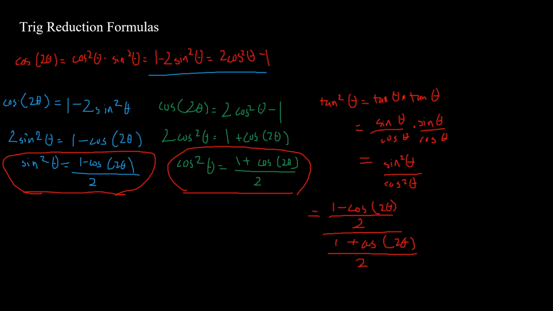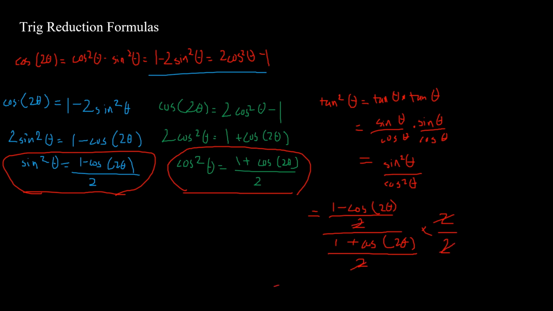And basically we can multiply this fraction by 2 over 2, which is the same as multiplying by 1. So the value doesn't change, but we can just rewrite it to make it cleaner. Now if we do this, you're going to notice that the 2's are just going to cancel out. So this 2 is going to cancel out with this 2, and this 2 is going to cancel out with this 2.